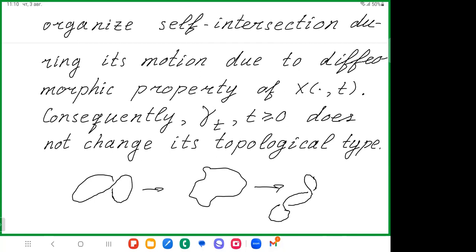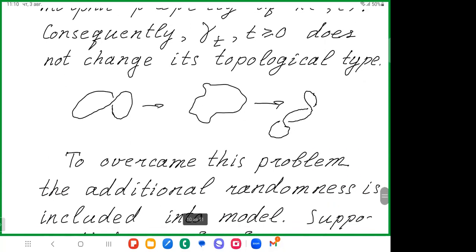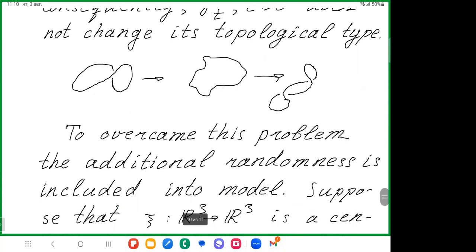For example, DNA, due to its double spiral structure, has the property of self-crossing, and so DNA can change its topological type. To overcome such a problem, we can include additional randomness into the model.